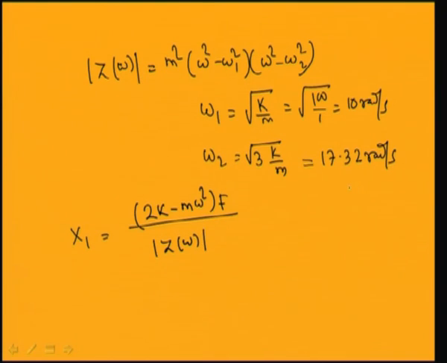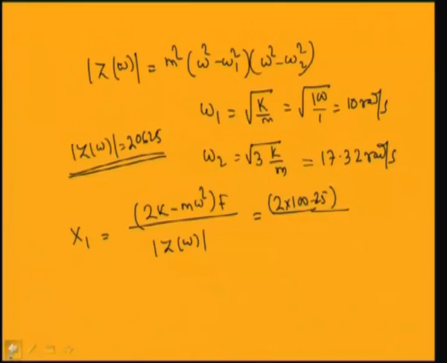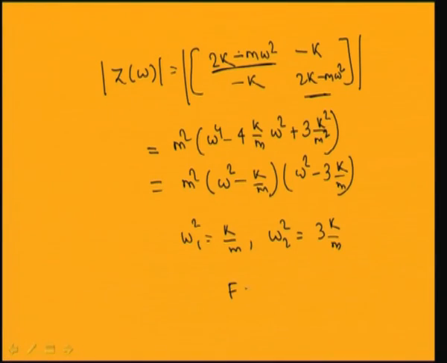The determinant of Z omega I have found to be 20625, so I can substitute it in this expression. This becomes 2 into 100 minus 25. Let me take a force F equal to 10 sin omega t.